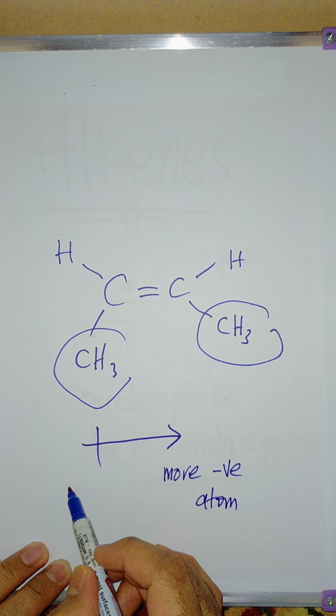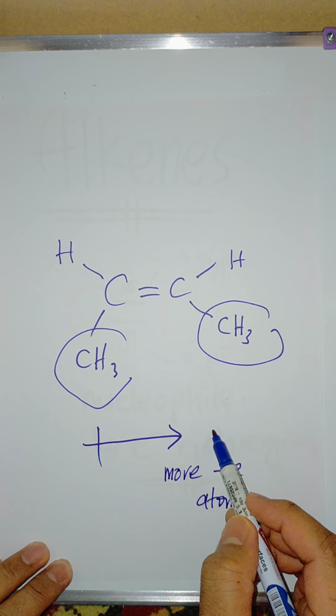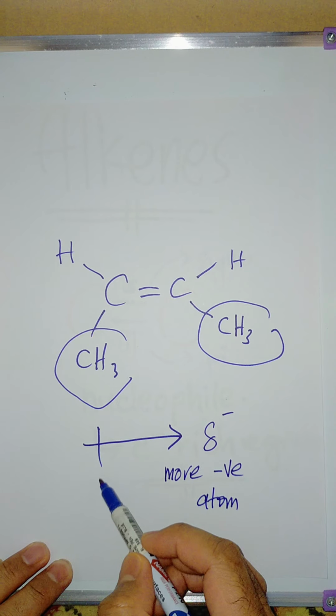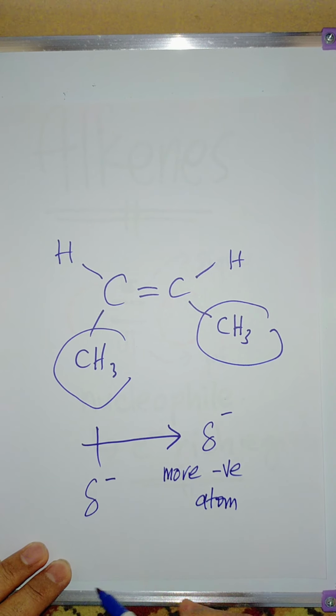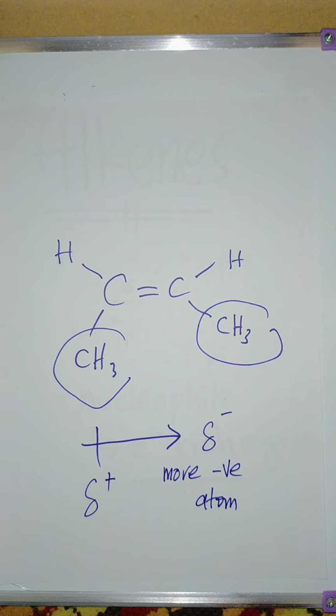So this one is delta negative, the other side is delta positive. All of them point towards that direction. Remember, if they face each other or the opposite, they will cancel each other, the bond moments. Compared to when you deal with the cis position, the cis isomer, it will have dipole attraction.